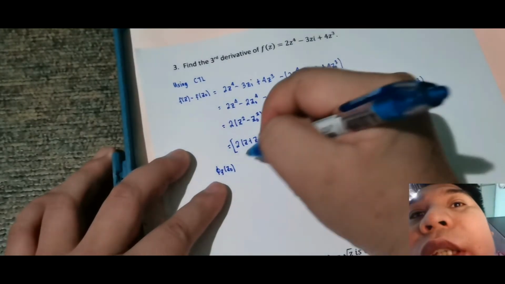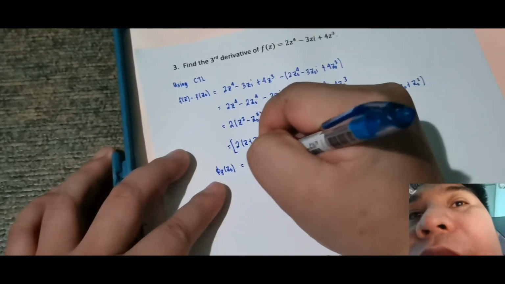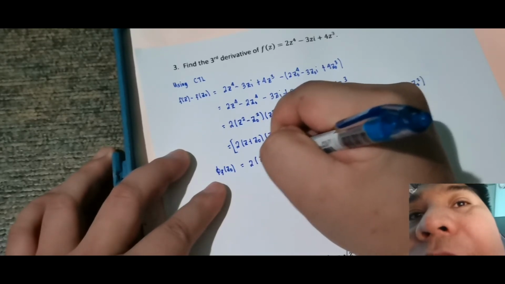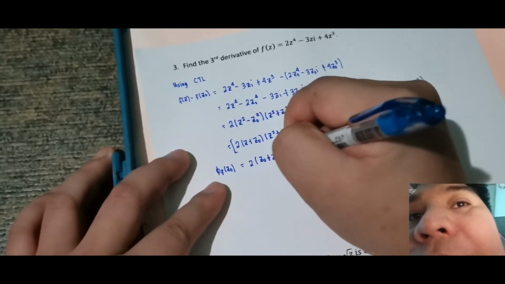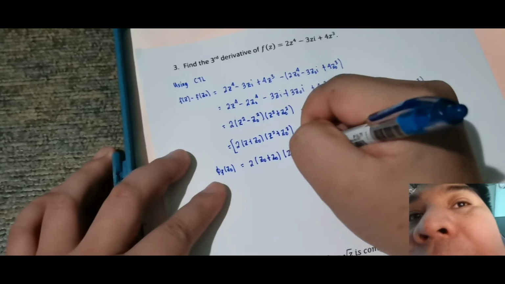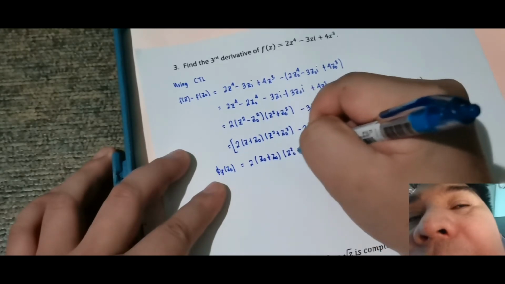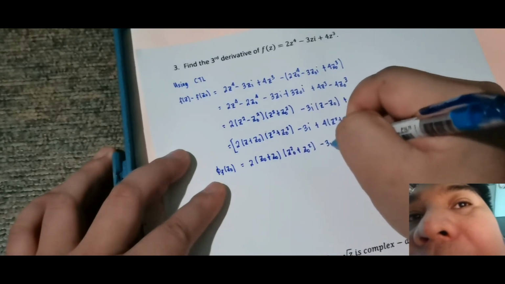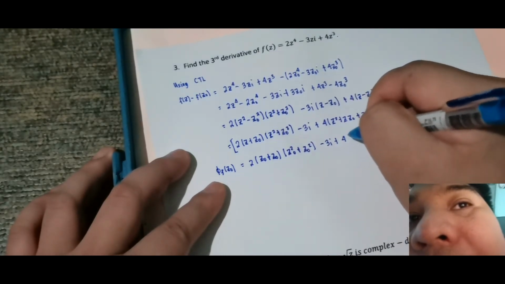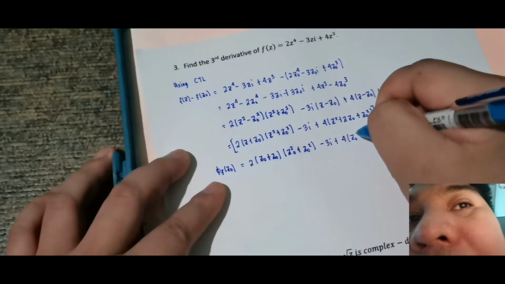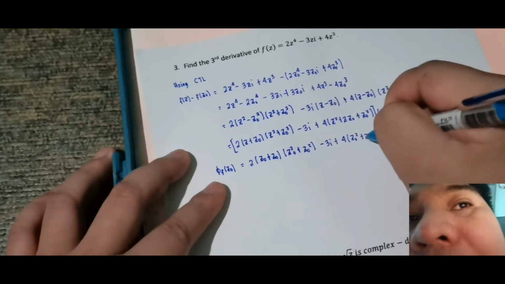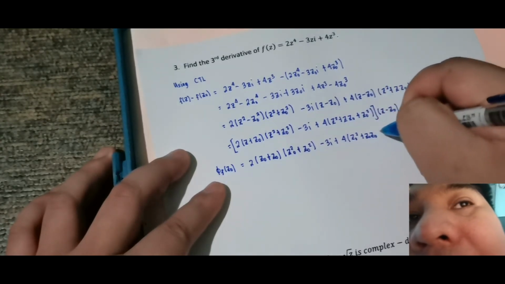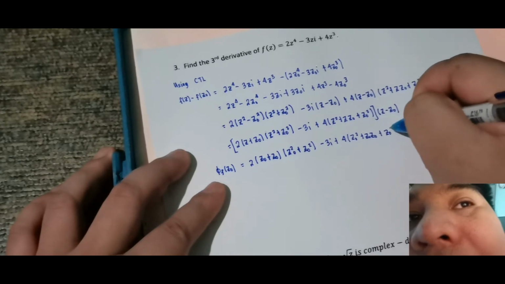Okay, so ito is equal to, so apply ko yung z naught, so this is 2 times z naught plus z naught, plus z naught squared plus z naught z naught plus z naught squared. Okay, so minus 3i plus 4 times z naught squared plus z naught times z naught plus z naught squared.